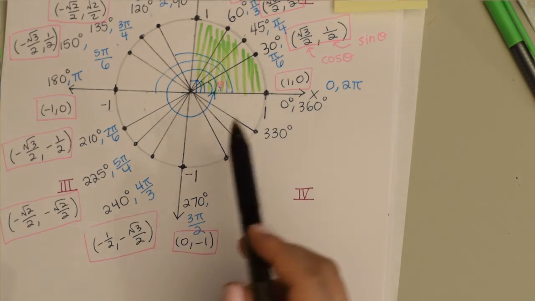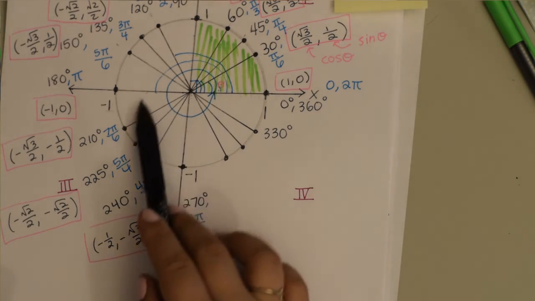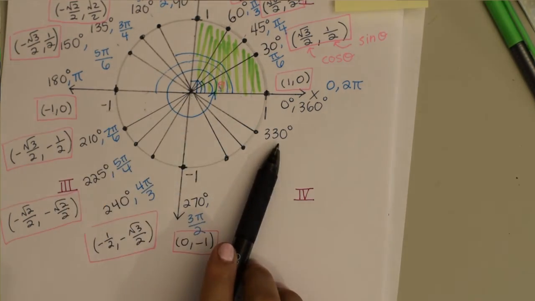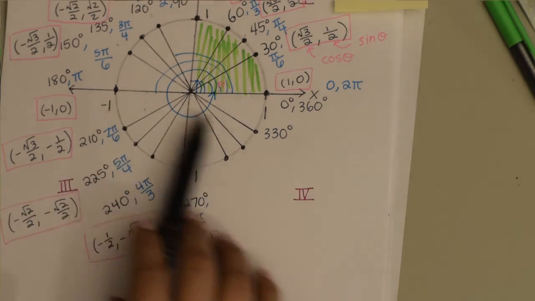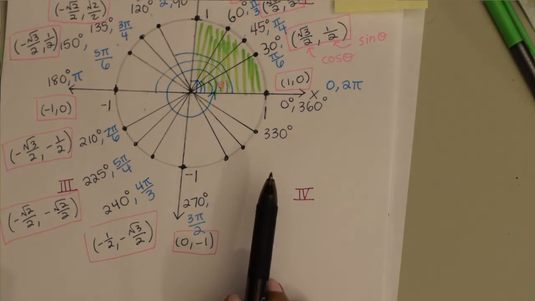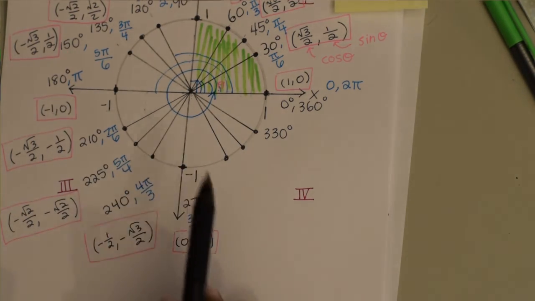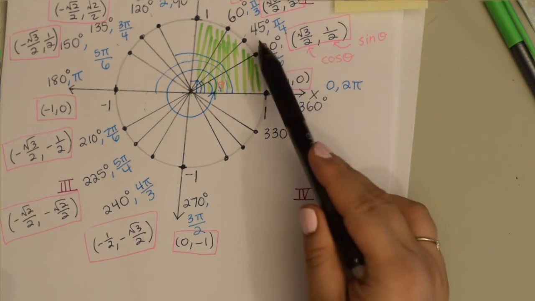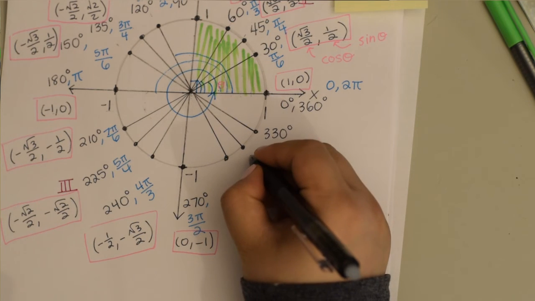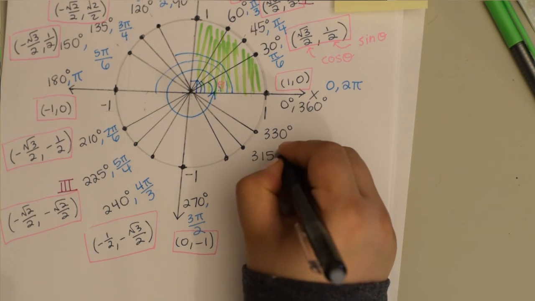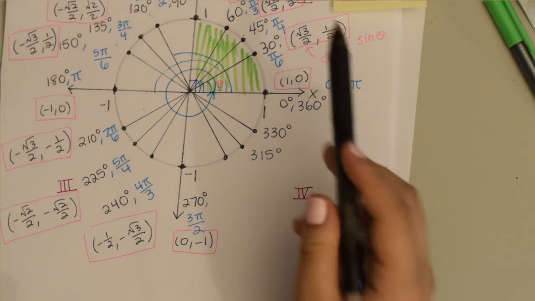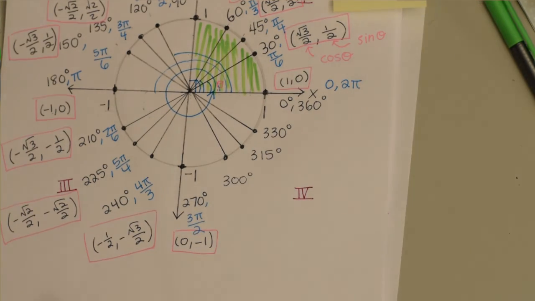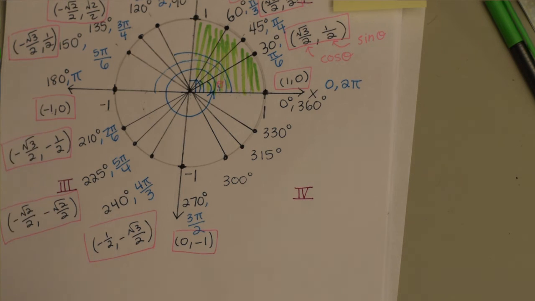Or you can move along this way, whichever, or you can just do this plus 180 degrees. So there's a lot of ways now, just based on all the symmetry, to fill in the rest. But you could do 360 minus 45, so 315 degrees, and then 360 minus 60 degrees is 300 degrees, like that.